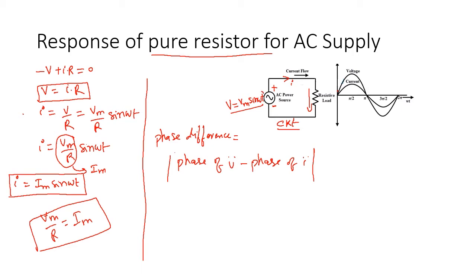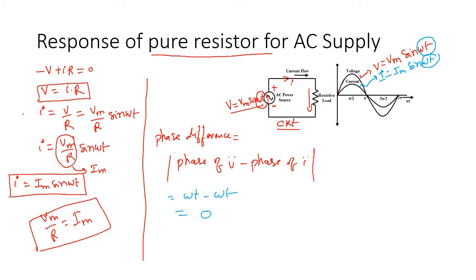V is equal to Vm sin omega t. Next, the current equation: I is equal to Im sin omega t. So the phase of V is omega t, and here also the phase is omega t. So omega t minus omega t is 0.